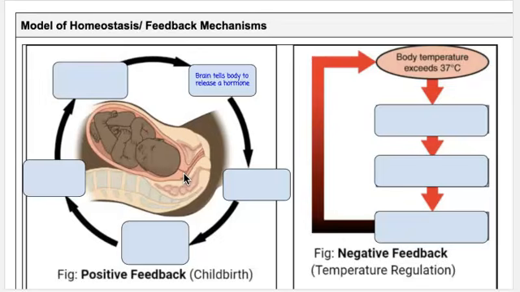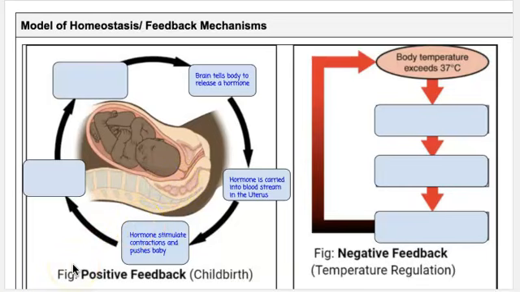This signals to the brain to release a special hormone. This hormone is carried into the bloodstream to the uterus. When that hormone goes into the uterus, it stimulates contractions.